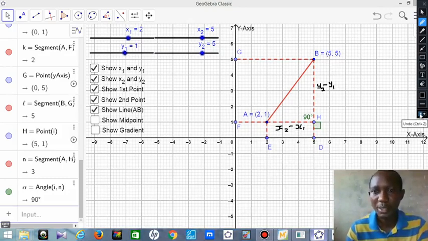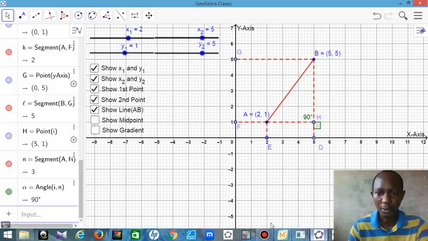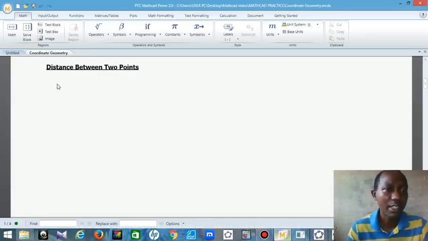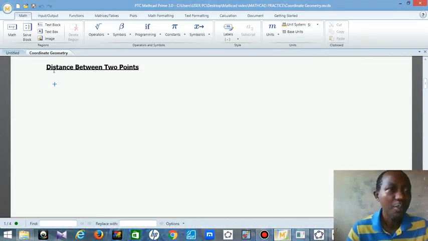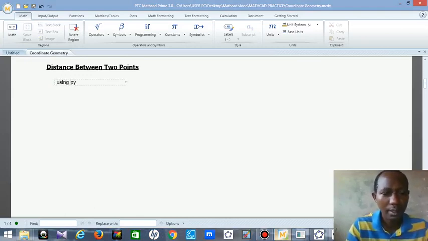So when you are through with that, let me remove this so that we can finish our work. You can now go to your solution paper. So now let's derive the formula. We have already seen that when we use Pythagoras theorem, what are you going to get?